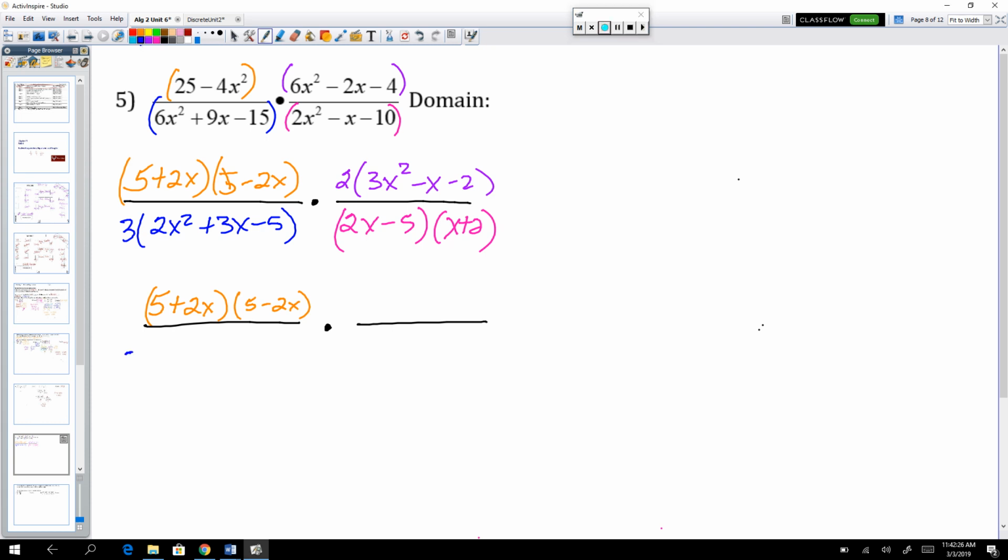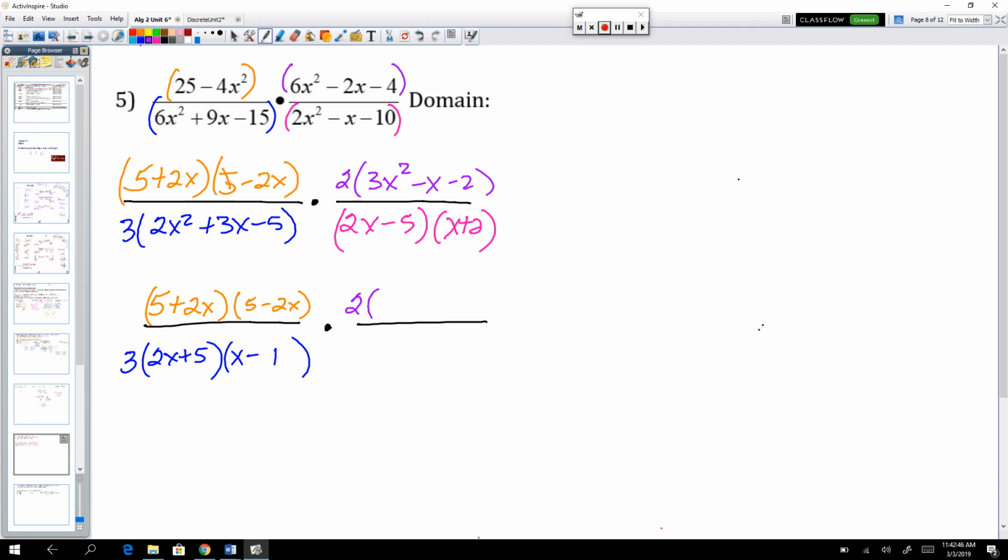And to save some time on the video, I'll go ahead and tell you what the factorization of the blue is. We know that it's 2x and x here, and we know it's some version of 5 and 1 at the ends. It's plus 5 and minus 1. And then for the purple, we'll do the same thing.